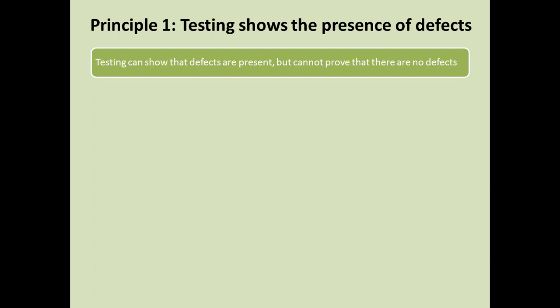So you can never prove that there are no defects in the software. A software can fail anytime. So testing reduces the risk of failure, but it can never prove that the software you have tested is 100% defect free.